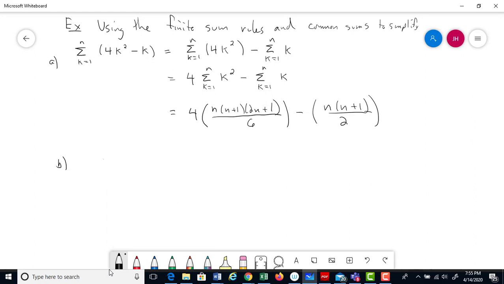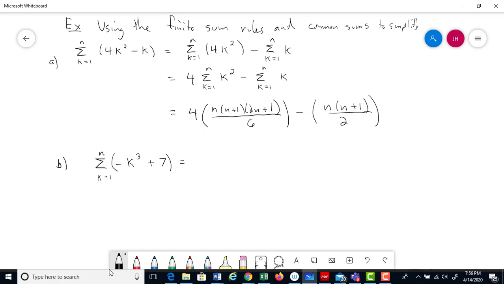B. Summation k equals 1 to n of minus, so in parentheses, okay.